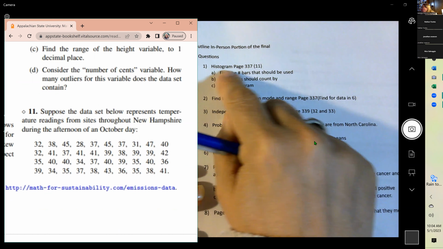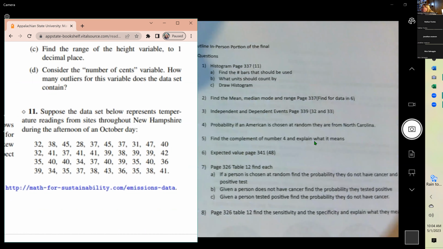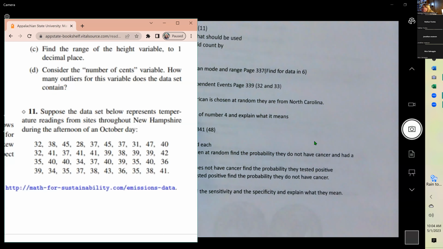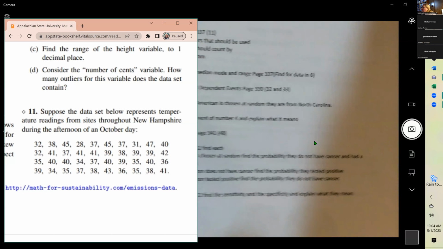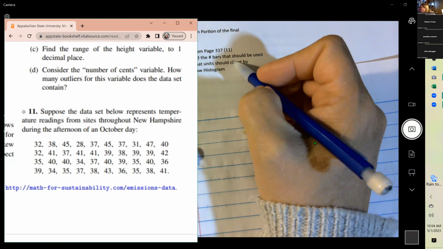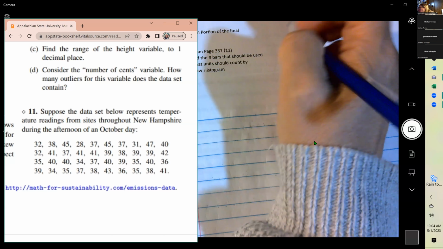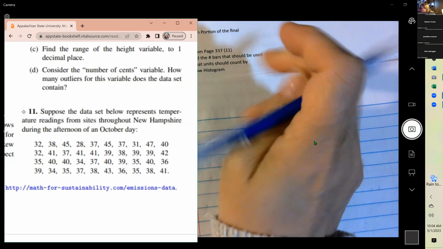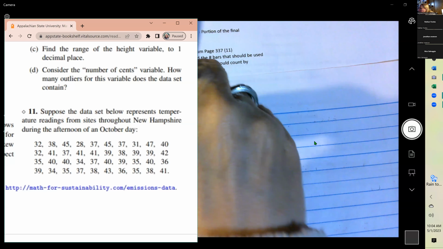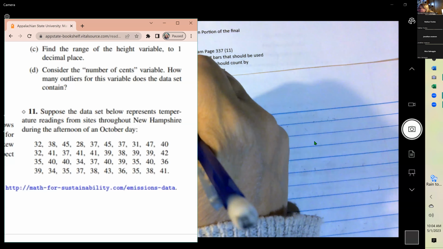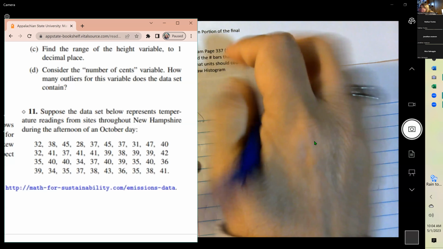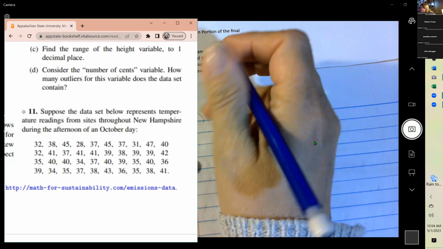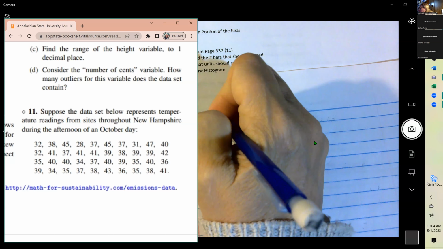When you're finding a histogram, to find the number of bars, it's the square root of n. N is your sample size. So to find the number of bars, you should use square root n.